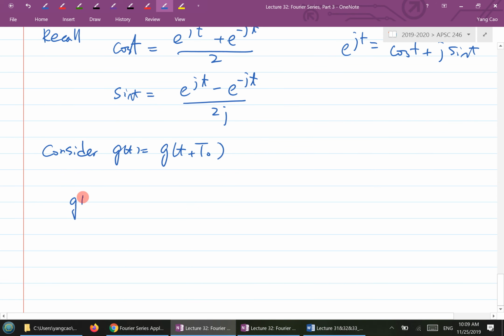Then the original Fourier series formula is a naught plus the sum of an cosine n omega naught t plus bn sine n omega naught t.